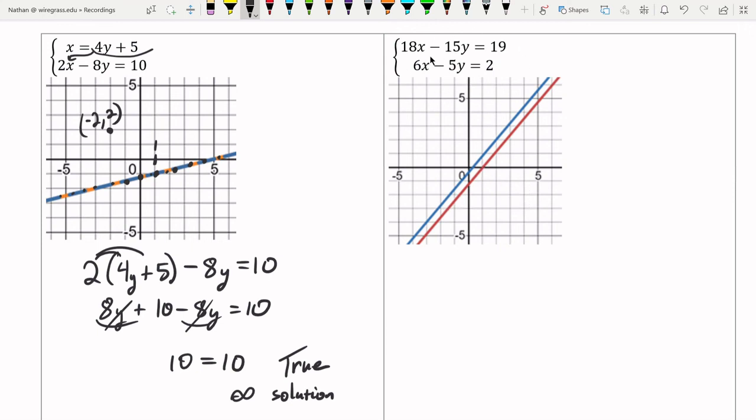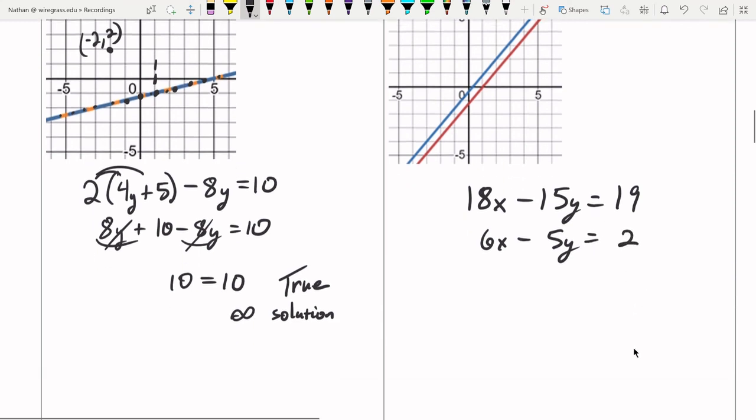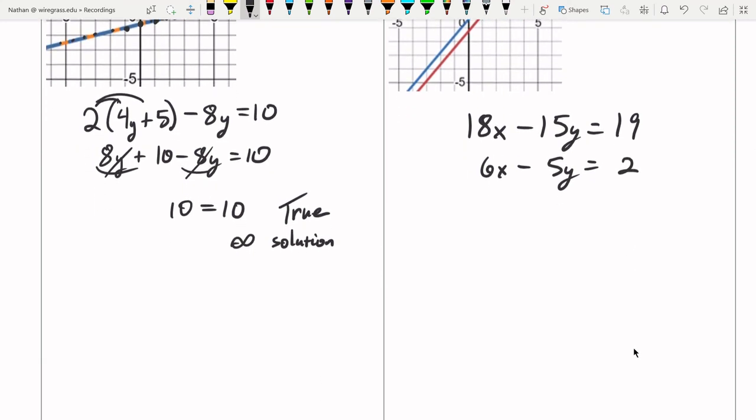And to show you this, I'm going to take this system and I'm going to solve it a different way. I'm going to solve it using what's called elimination or addition. So I'm just going to rewrite the system down here, the exact same thing. And then 6x minus 5y equals 2. And now I'm going to solve this by looking at the bottom equation. You can do either one, but I'm going to look at the bottom equation.